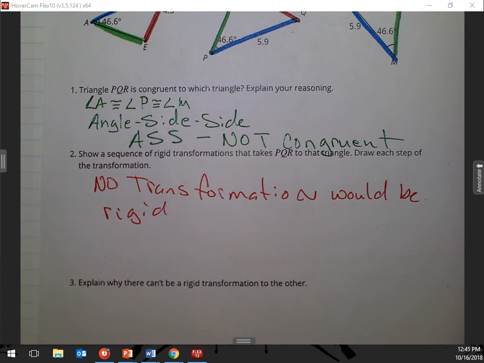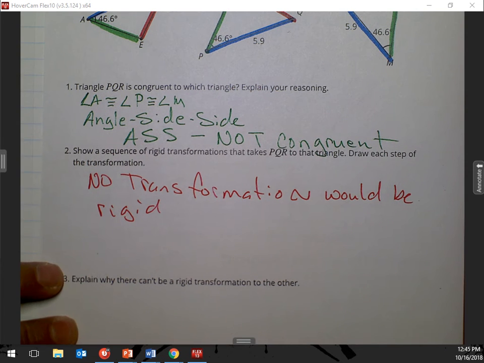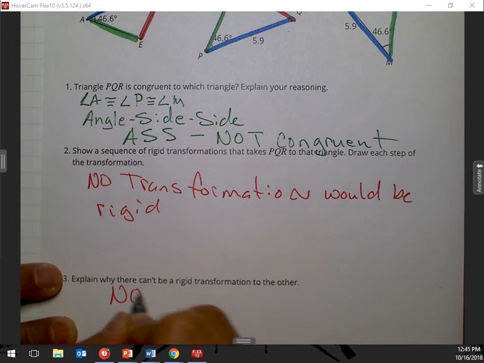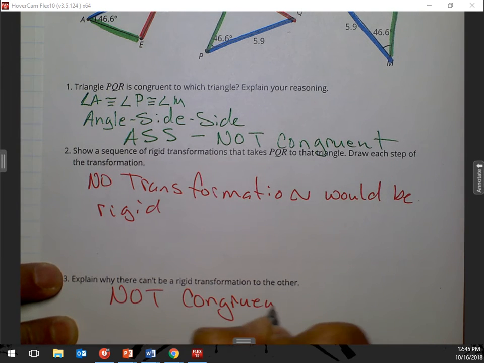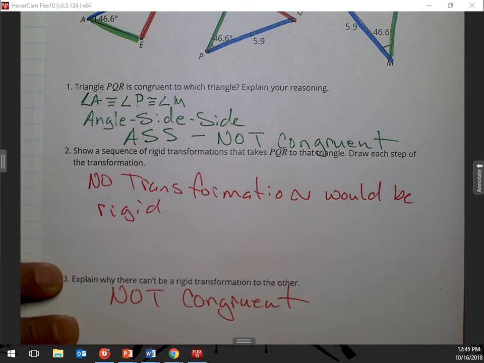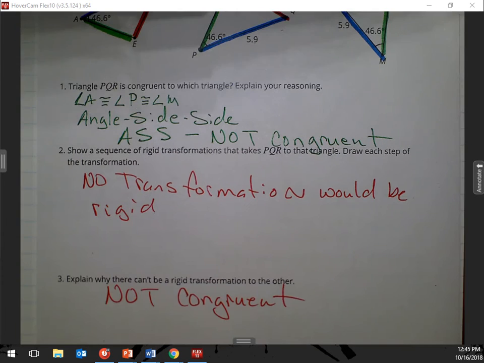All right, 3, explain why they can't be a rigid transformation. We already did this. They can't be a rigid transformation because they are not congruent. So let's take a look at this next one.